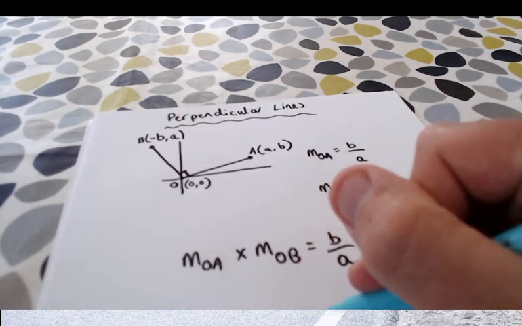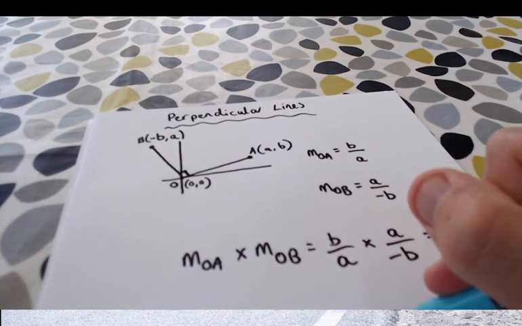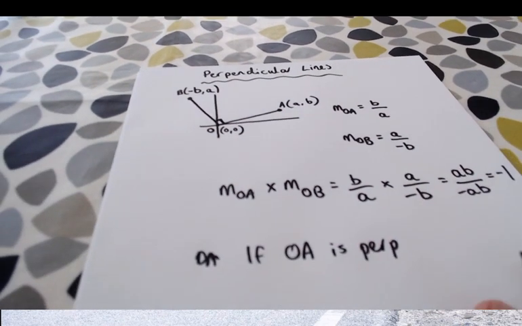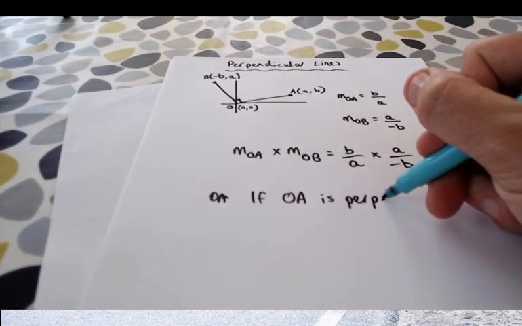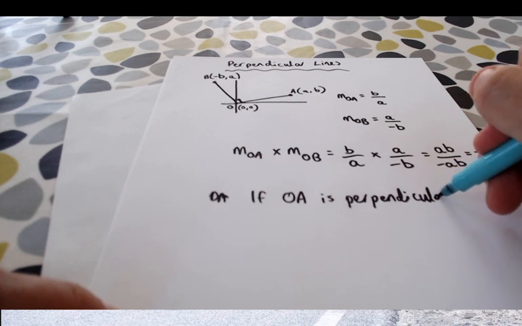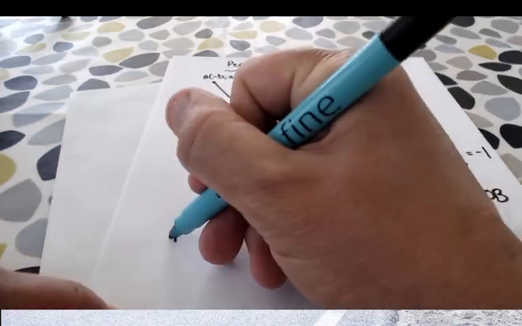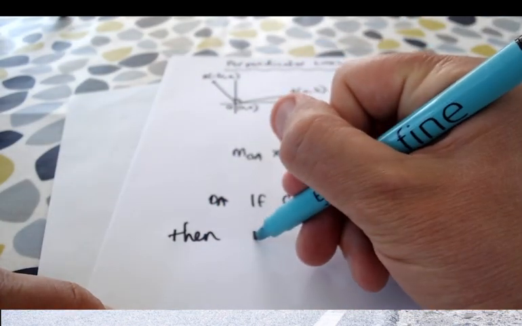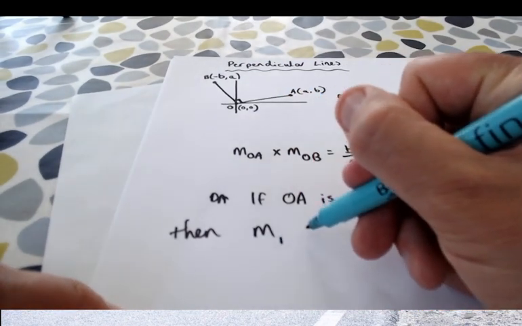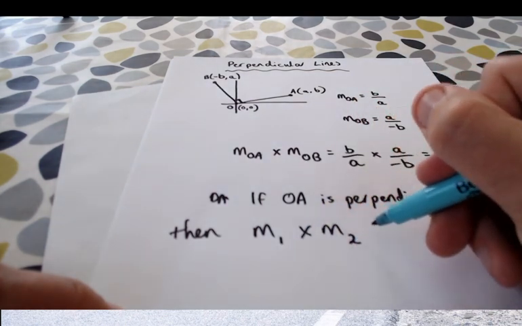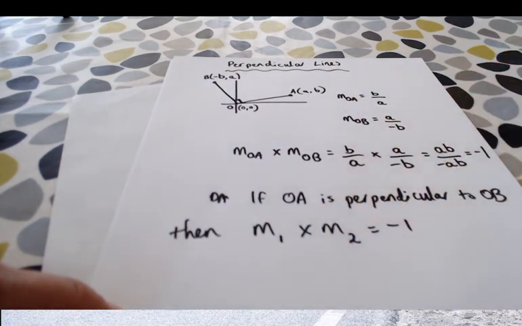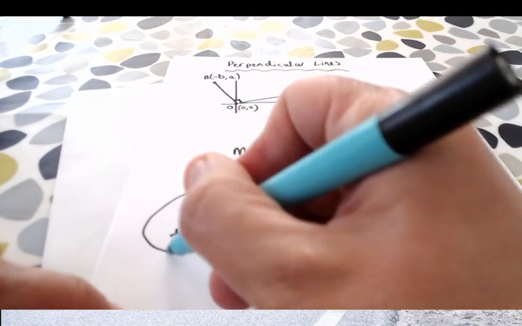If OA is perpendicular to OB, then the two gradients, let's just call it m1 and m2 just now, will multiply to make minus 1. If we have perpendicular lines, their gradients will multiply to make minus 1. That is a mathematical fact.